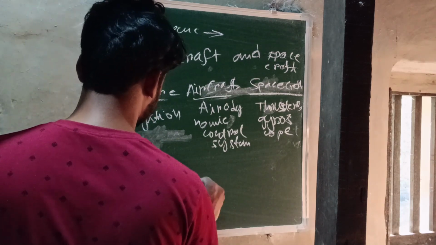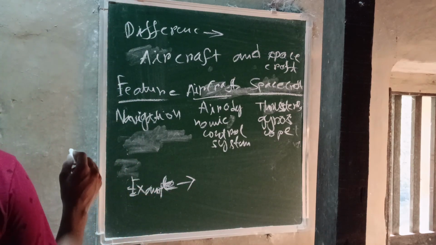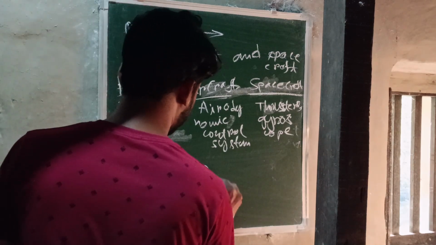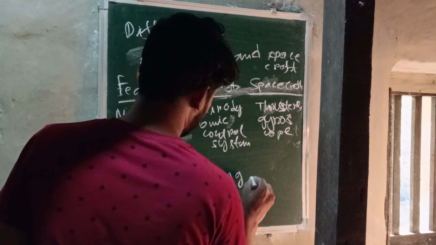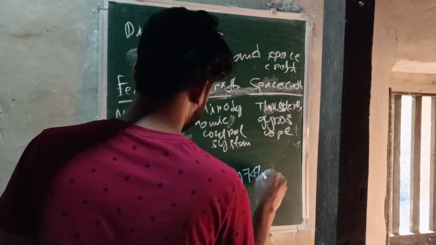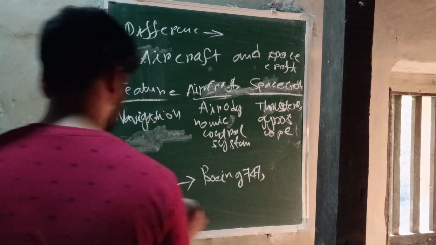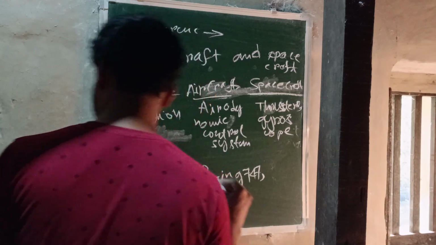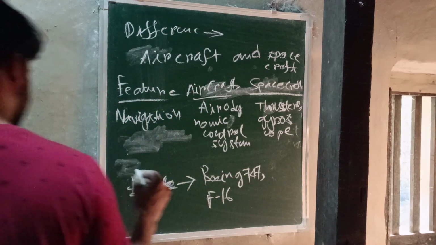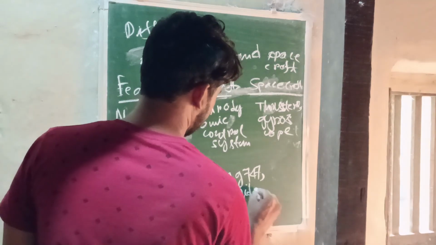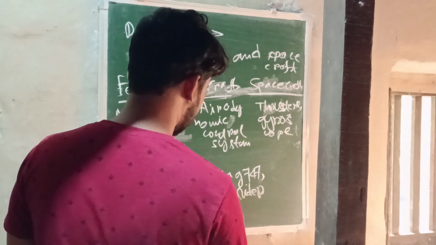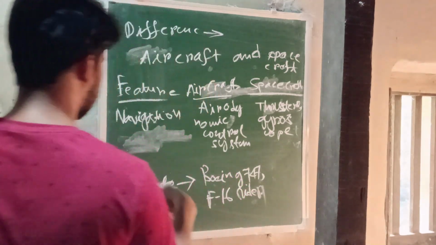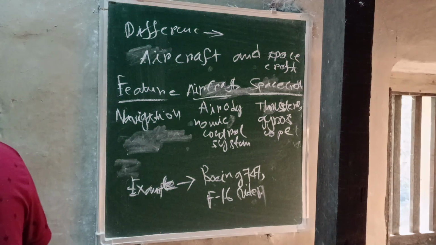Aircraft examples are Boeing 747, F-16, glider. F-16, glider, Boeing 747 are examples of aircraft.